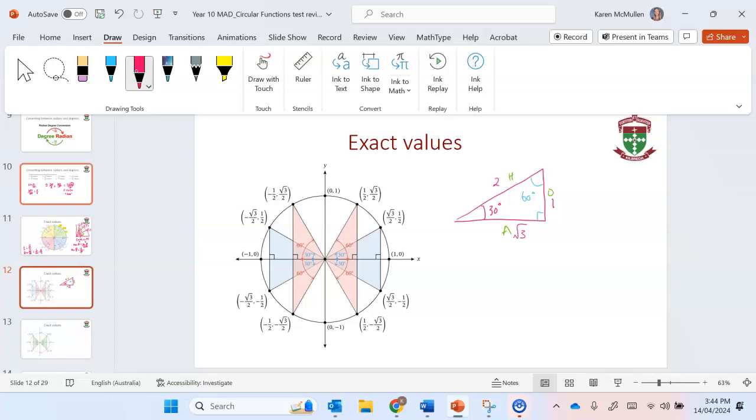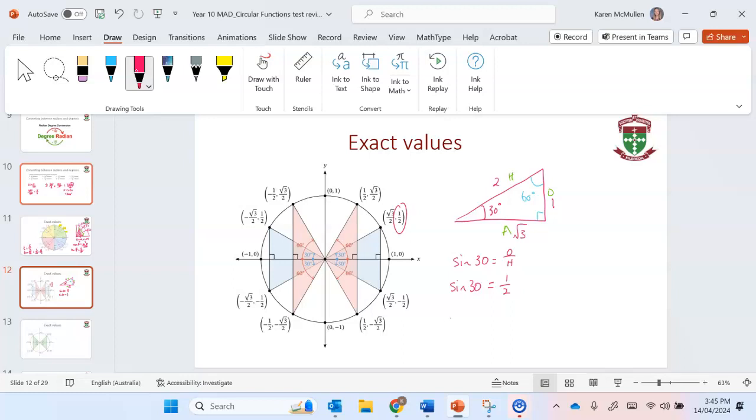So if you remember these numbers around the side, the 1, 2, and the √3, then you can actually work out your exact values. So if I wanted to work out sine of 30 degrees, remember sine is equal to opposite over hypotenuse. So for this one, our opposite is 1 and our hypotenuse is 2. And you can see that's your value there, 1/2.